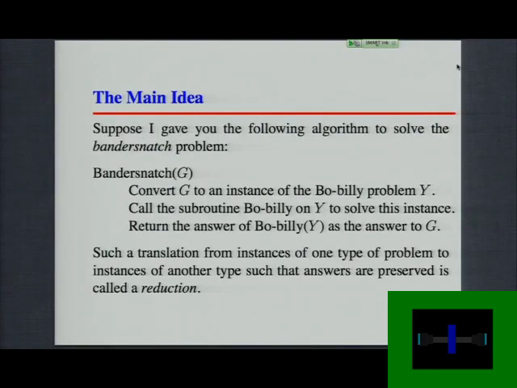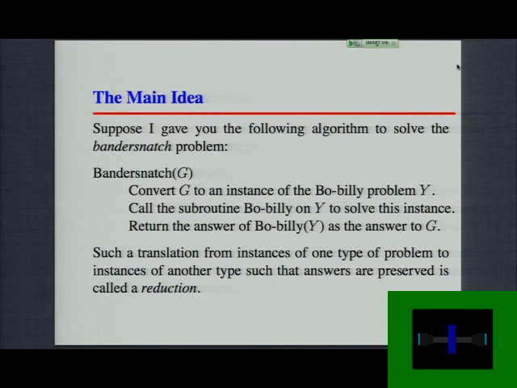If there is no fast way to solve Bandersnatch, and this is a way of solving Bandersnatch, what do we know about this algorithm? Yeah? We know that if there is no fast way to compute Bandersnatch, and this is an algorithm to compute Bandersnatch, this algorithm has to be slow. That much should be clear, right?